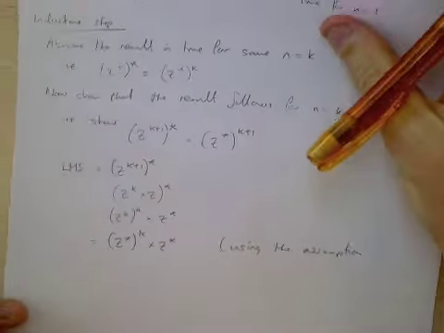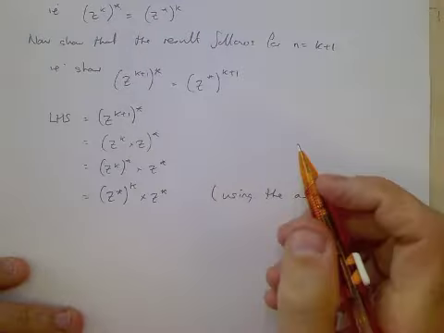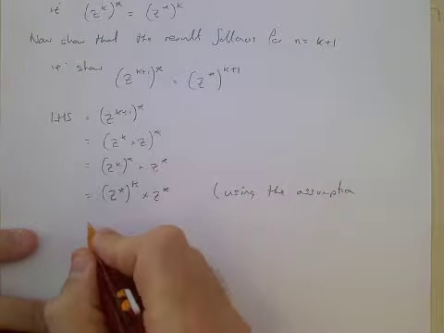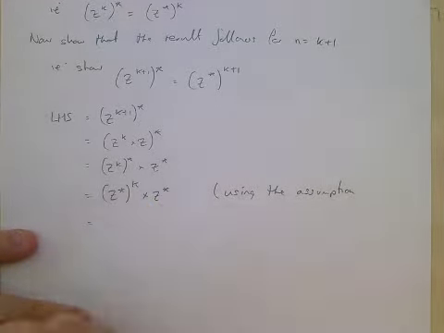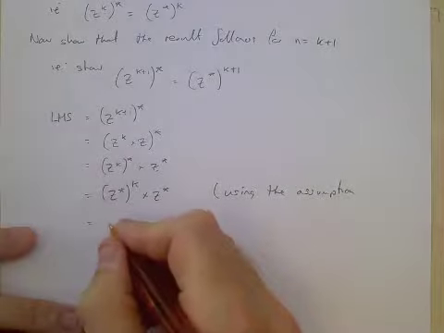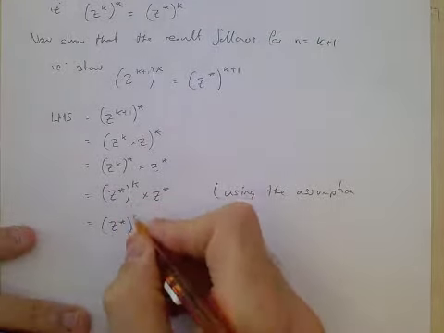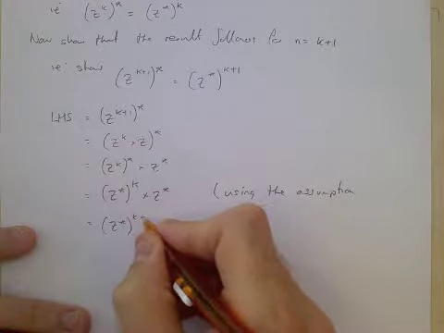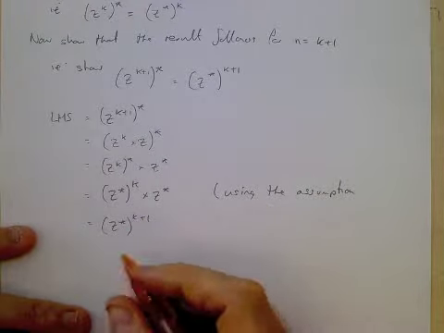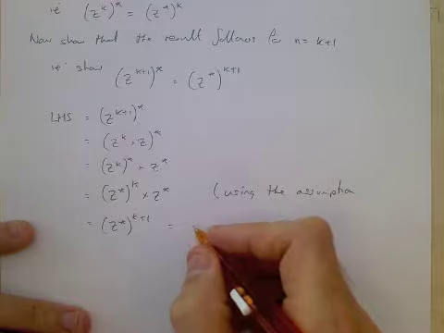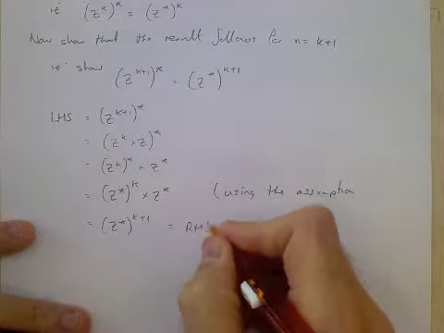Create a bit of space. And now you can probably see where this result's going to come from. I can see that z conjugate is common here, so I can take z conjugate out. What have I got? I've got the power of k plus 1 there, and that equals the right hand side as required.